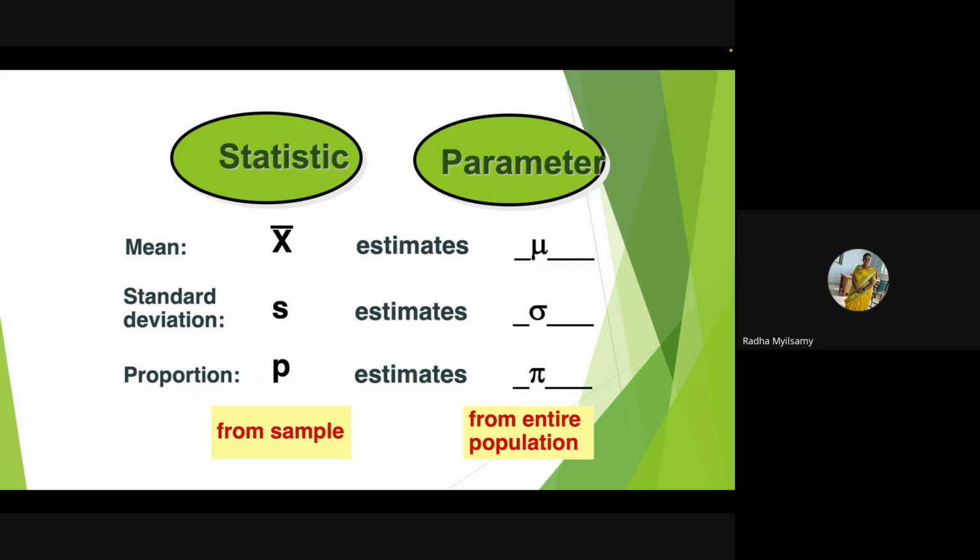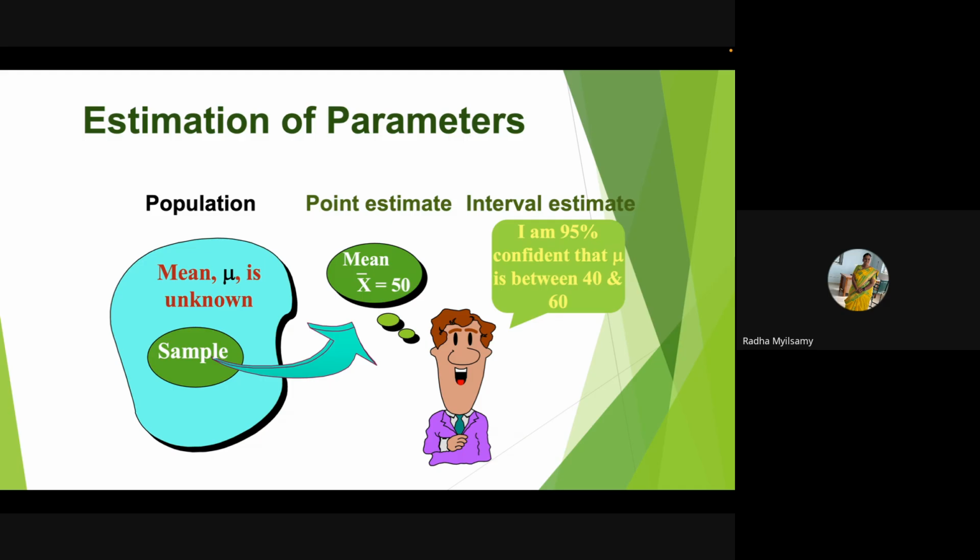For parameters, we have mu as the population mean, sigma as the population standard deviation, and pi as the population proportion. For statistics, we have x bar as the sample mean, s as the sample standard deviation, and small p as the sample proportion. Based on the statistic values, we give interpretation to the parameters, that is inference.